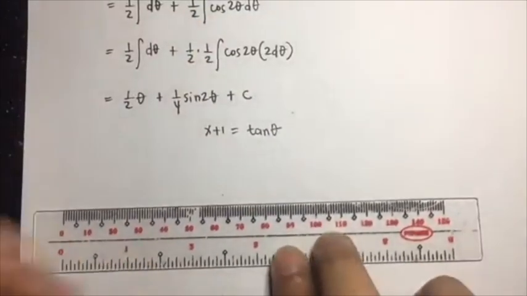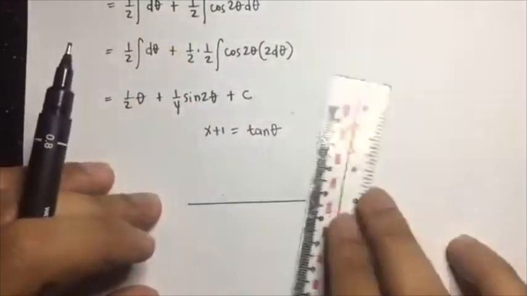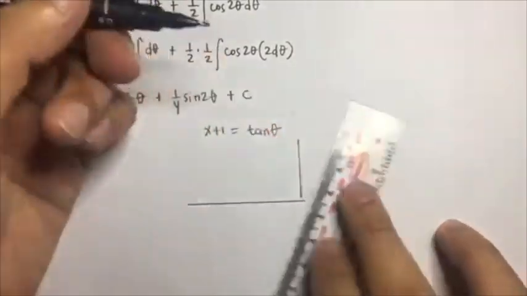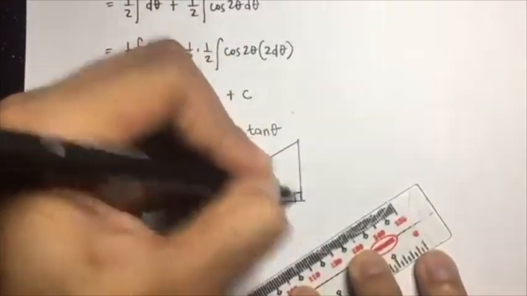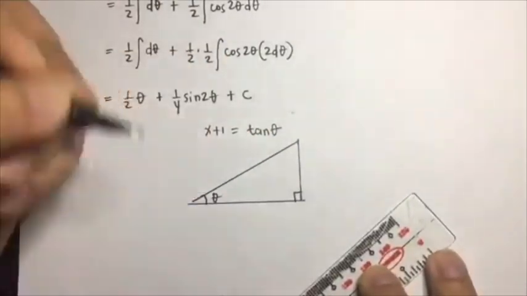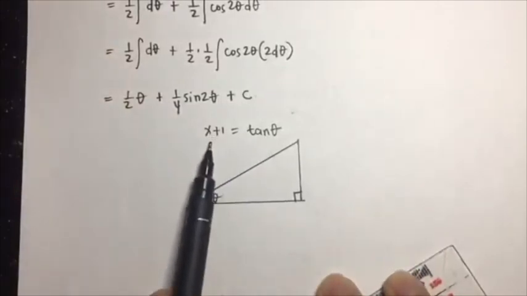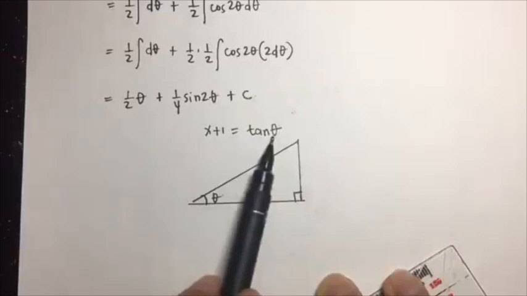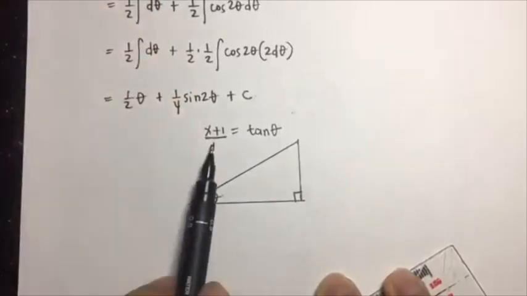So doing again the right triangle, if this is our theta, then since tangent theta is opposite over adjacent, we have here over 1, an invisible denominator.